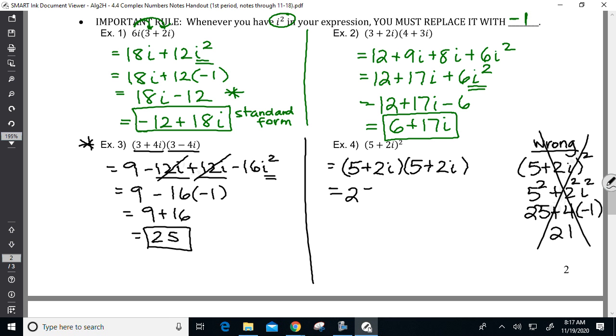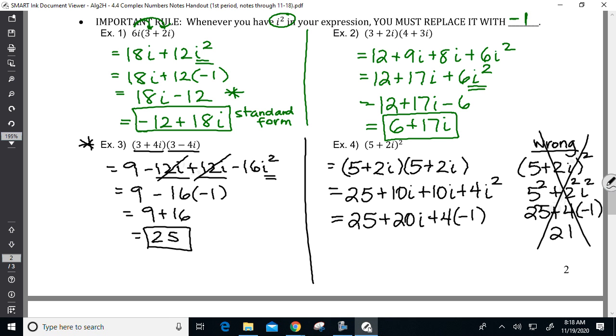So 25, 10i, 10i, 4i squared. And then do your simplifying from there. 25 plus 20i, 4 times negative 1. So that's negative 4, so you end up with 21 plus 20i.